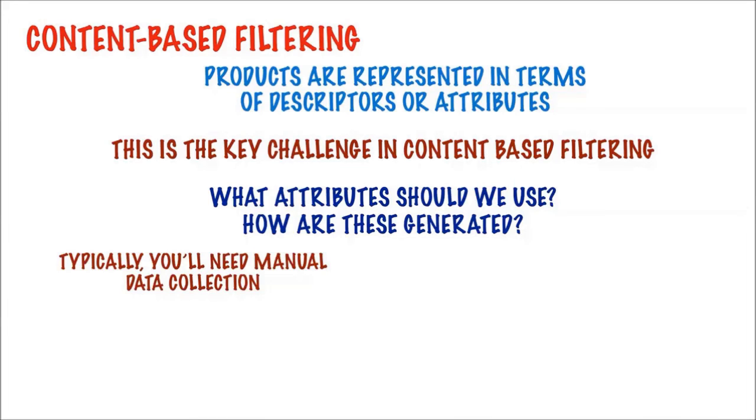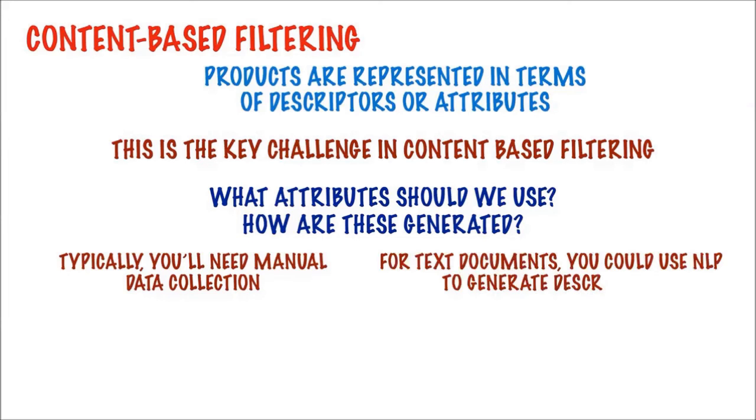There will be some sort of expert who will sit down and map every product in the catalog to a set of important features or attributes. With text documents, you have an alternative. You could use NLP to generate the descriptors. For text documents, the descriptors could simply be the presence or absence or the frequency of terms or words which occur in the document.